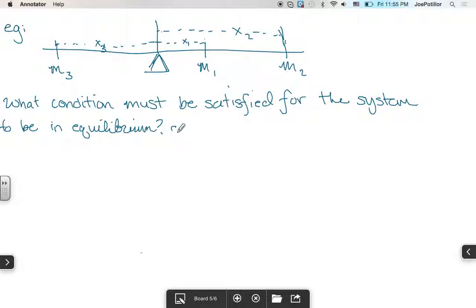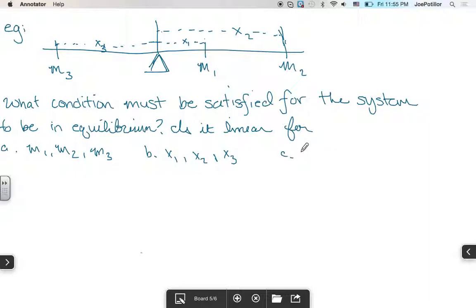And it asks, is it linear for x1 to x3? So it asks, is it linear for its masses, for the distances, or the radiuses?